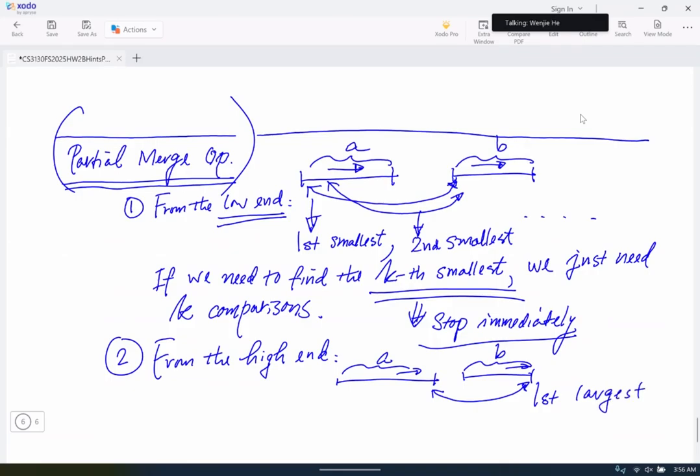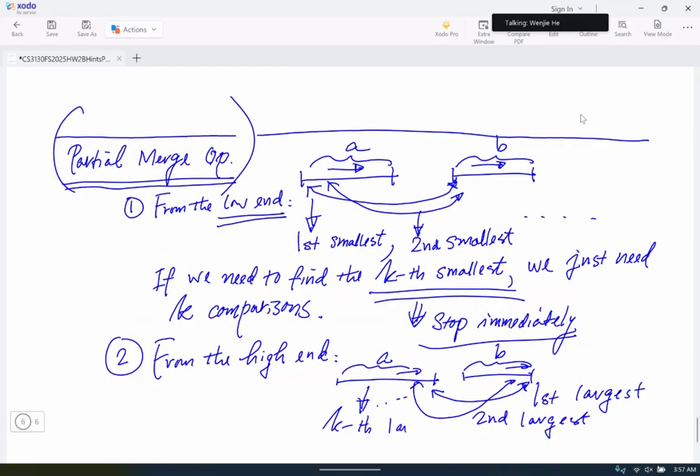Then the second comparison. The standard merge, we always run from the low end, right? But here we modify it, just the opposite way against our standard merge operation. We run it from the high end. So the second largest. Then we keep going, and our goal is to get the kth largest.